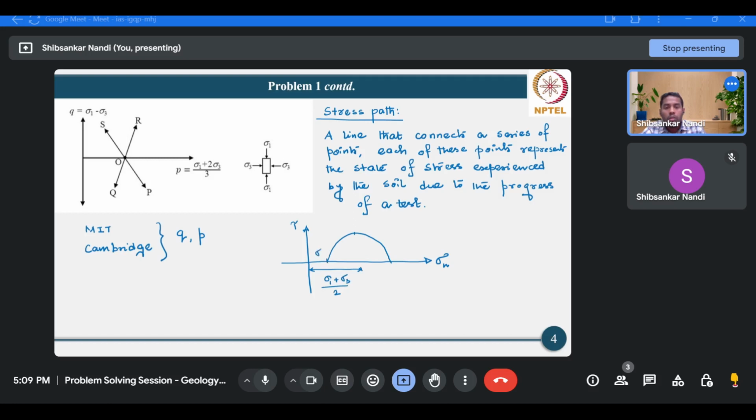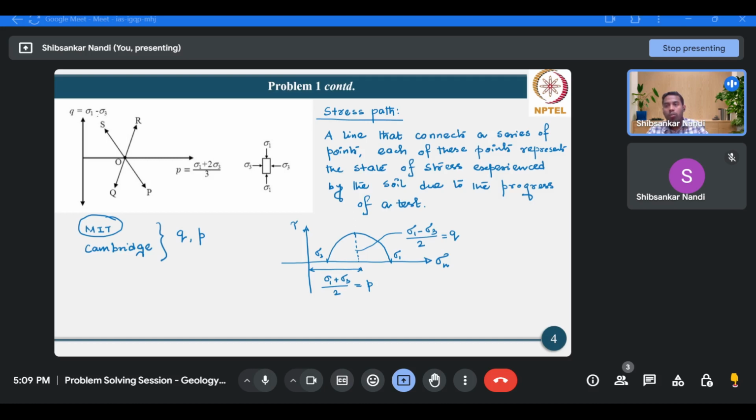This is sigma 3, this is sigma 1, and this is sigma 1 minus sigma 3. Now this sigma 1 minus sigma 3 by 2 is the ordinate, that is Q, and this is P, the abscissa. This type of representation has been popularized by MIT. Now as you can see from the problem definition, it's something different.